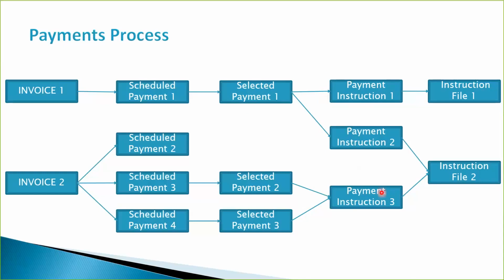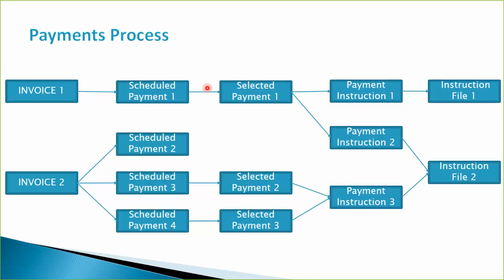So these are things which you can control, these groupings, and you control them through the payment process profile, which we are going to cover soon. So it's good to have an understanding of what each of these terms and stages mean, and the various implications.